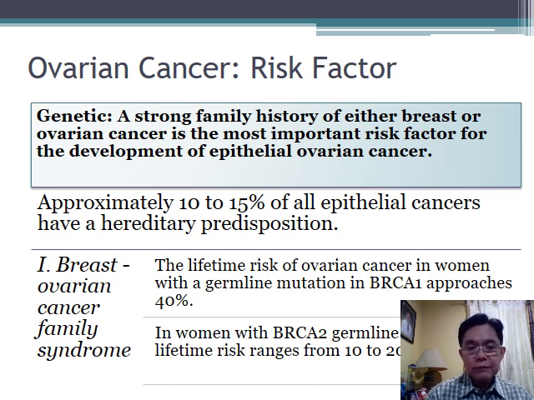For example, if the mother has breast cancer and the daughter also has breast cancer, then their family should be investigated for BRCA mutations so that their future children, the female children, can be protected from developing ovarian cancer by performing surgical intervention. Currently, women with breast or ovarian cancer are recommended to have BRCA mutation determination.